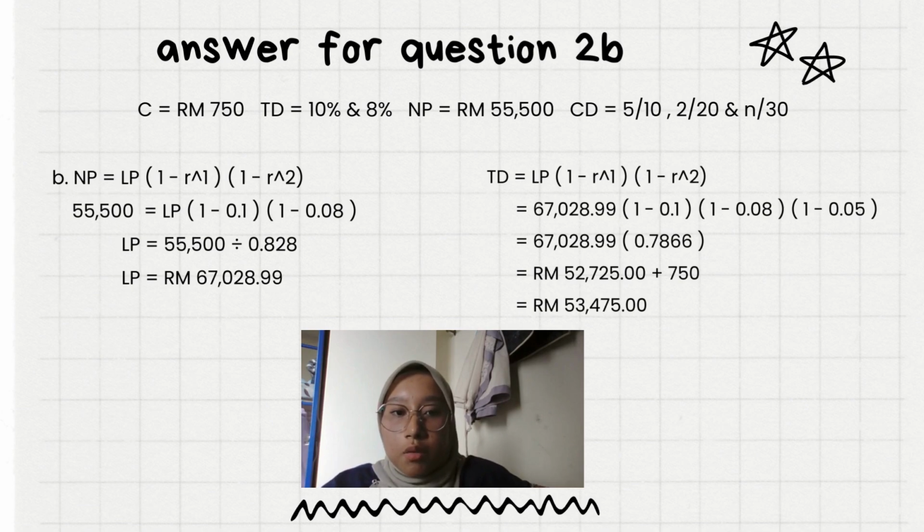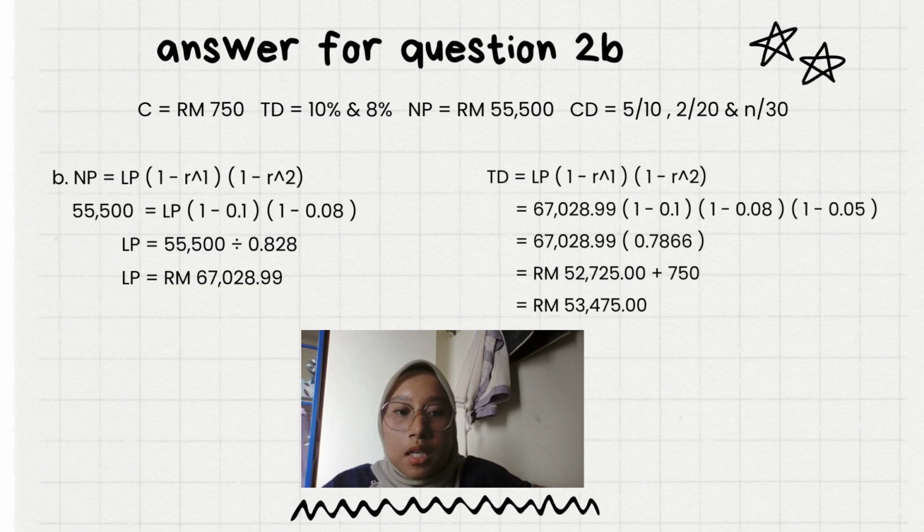So for trade discount, we will use formula TD equal to LP in bracket (1 minus R1) close bracket in bracket (1 minus R2) close bracket. So TD equal to 67,028 and 99 cents in bracket (1 minus 0.1) close bracket in bracket (1 minus 0.08) close bracket in bracket (1 minus 0.05) close bracket.